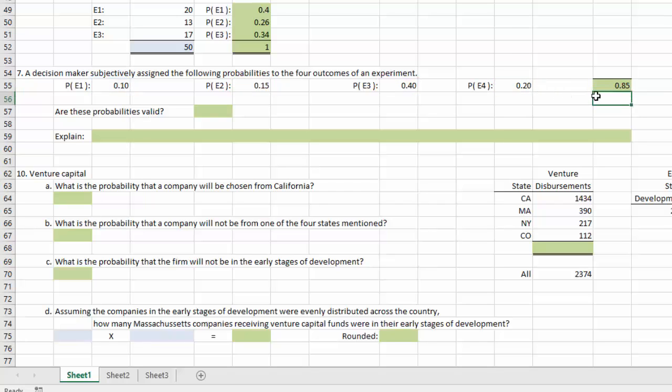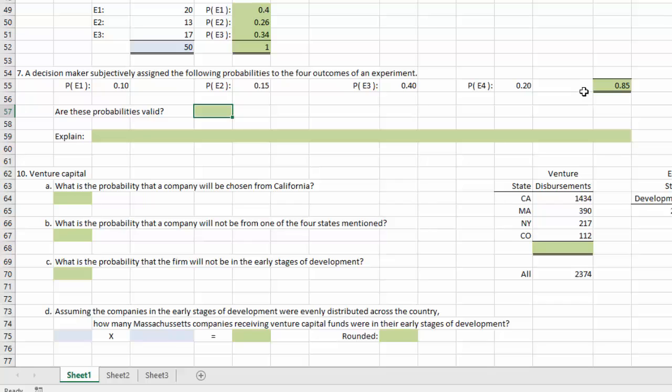Enter. I have 0.85. So obviously I have not captured all the probabilities, because if we did, we would equal 1. So are the probabilities valid? We know it's not 1, so we know it's false.